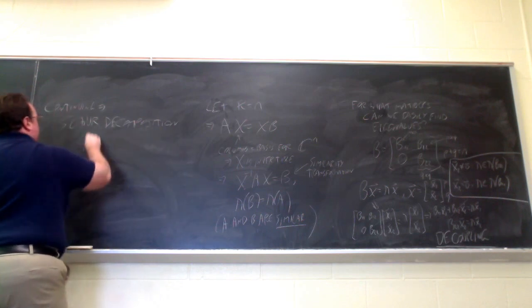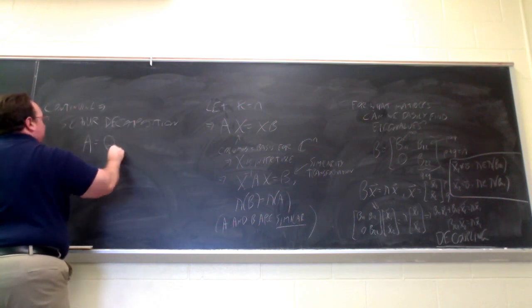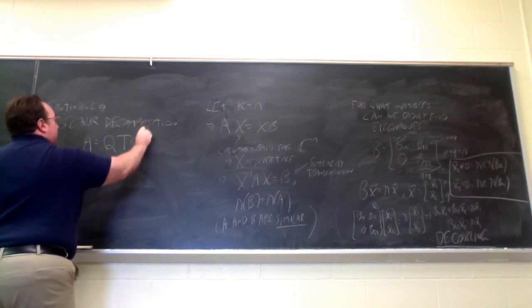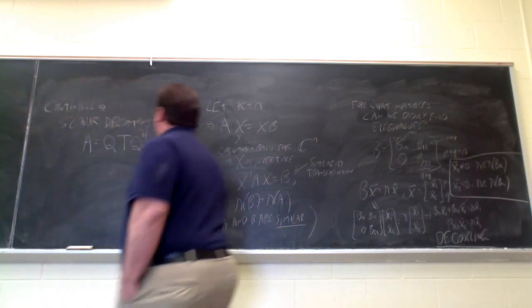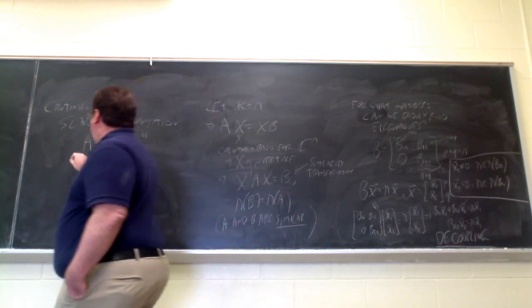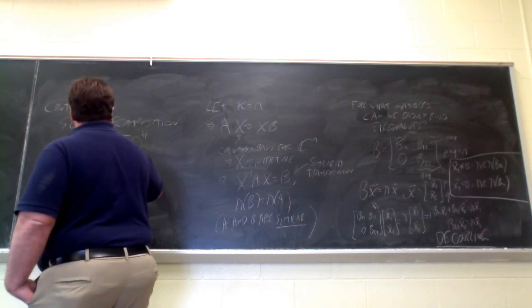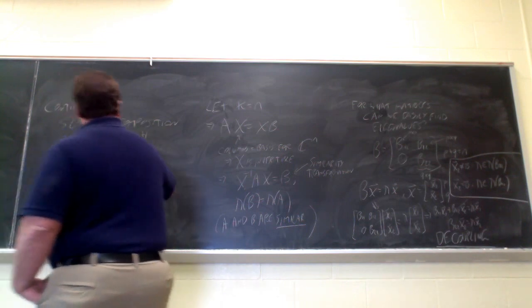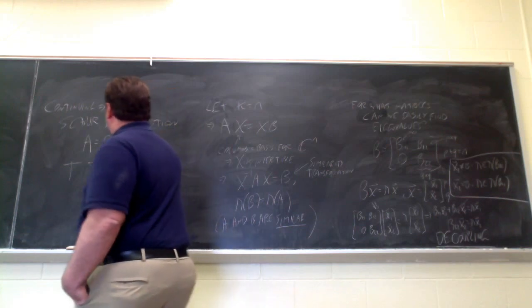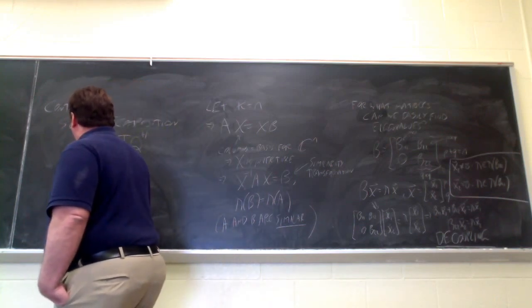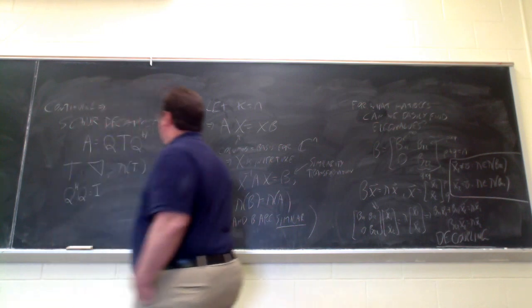Which has this form. A is equal to Q T Q Hermitian transpose, where T is upper triangular, and this is a similarity transformation because Q is a unitary matrix, the complex version of an orthogonal matrix.